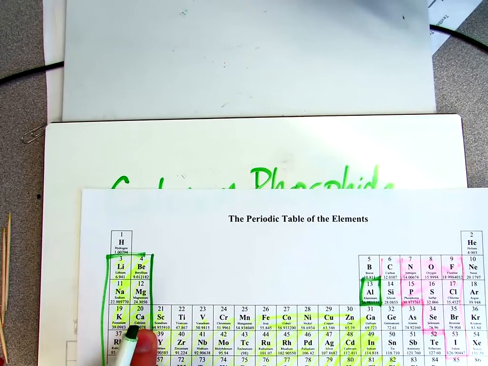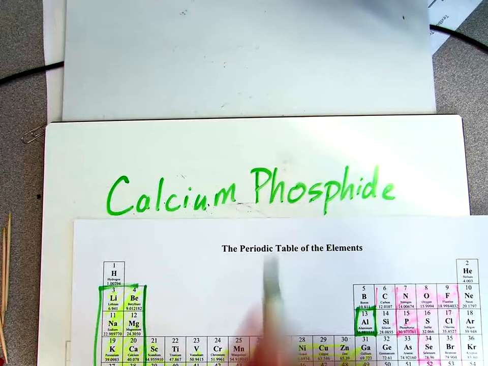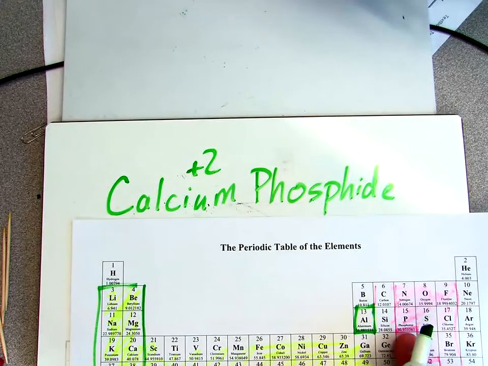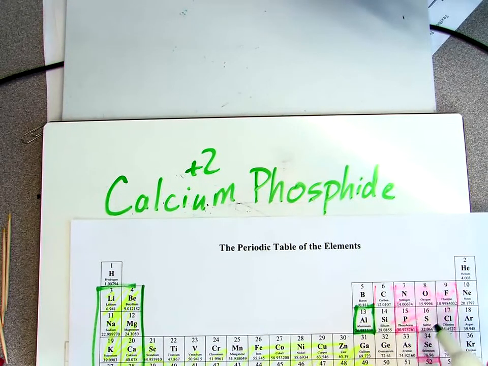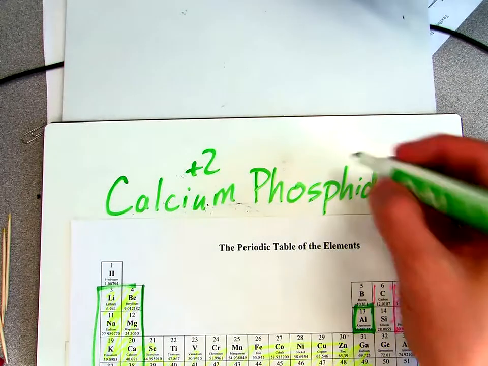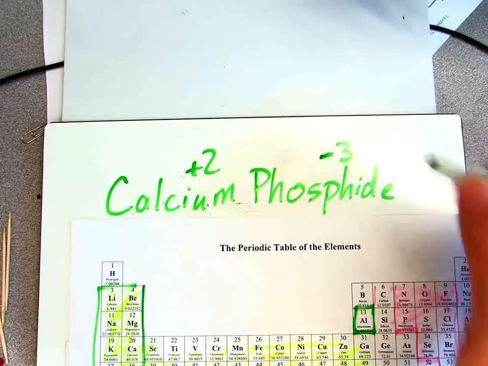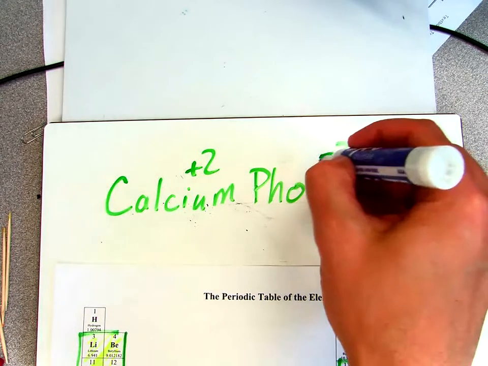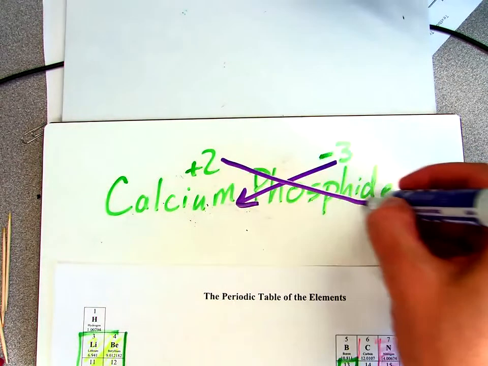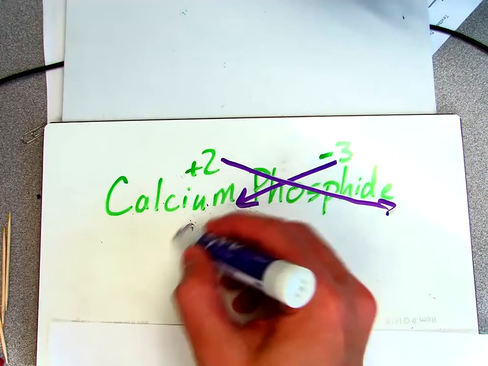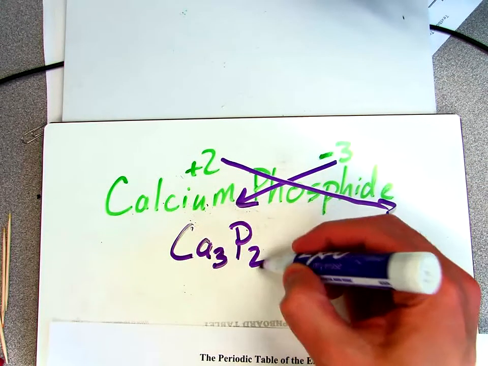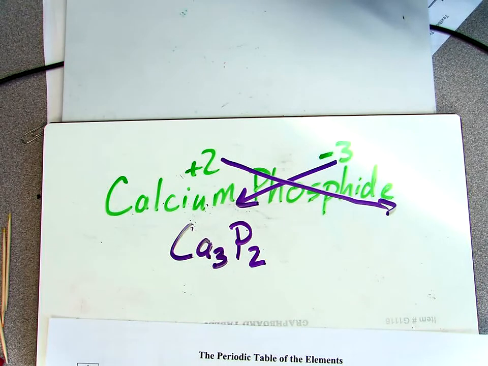Calcium's in the second group here, so it's going to form a +2 ion. Phosphorus is 3 over from the noble gases, so it's going to be a -3 ion. Then we can just cross, and we get Ca3P2. That's calcium phosphide.